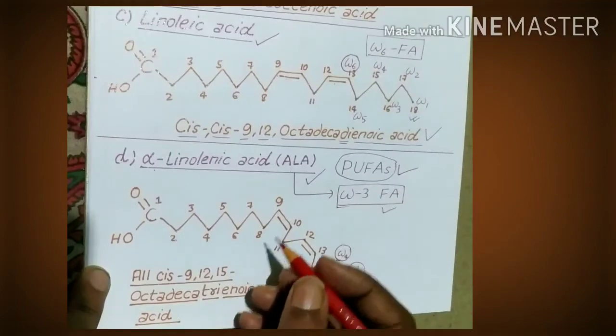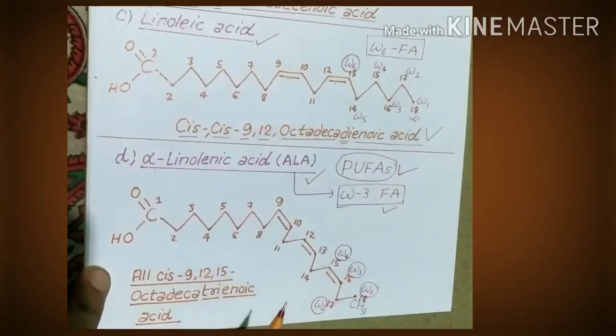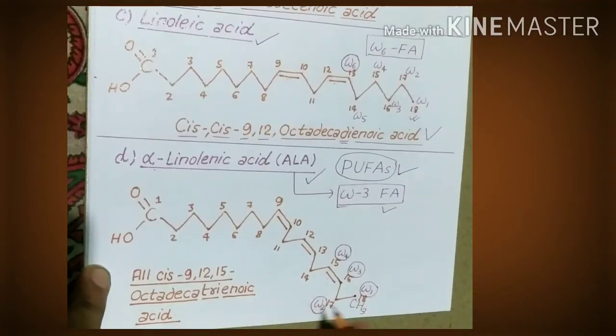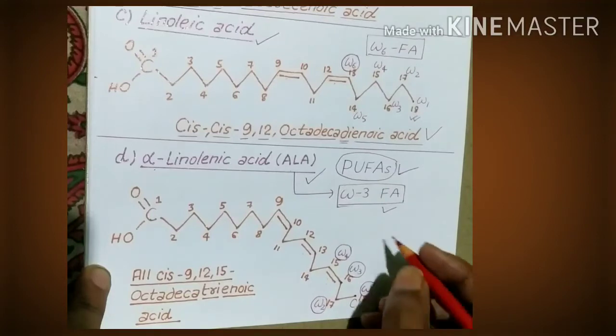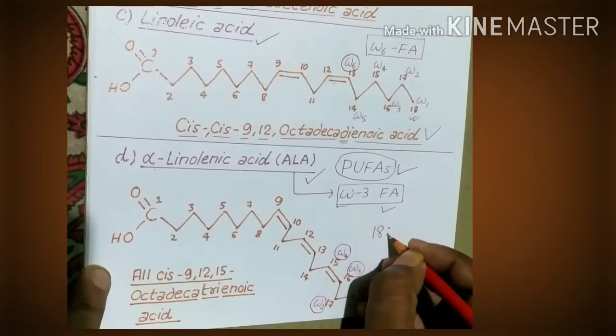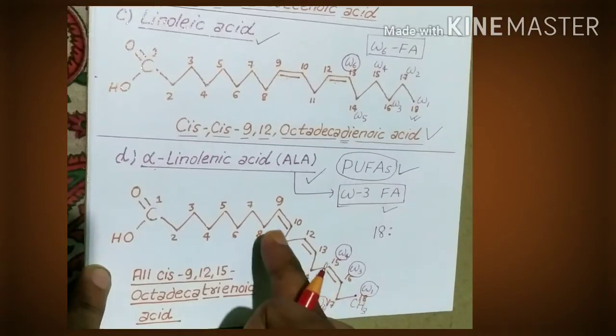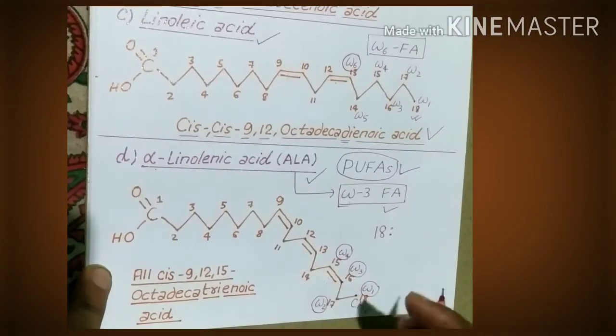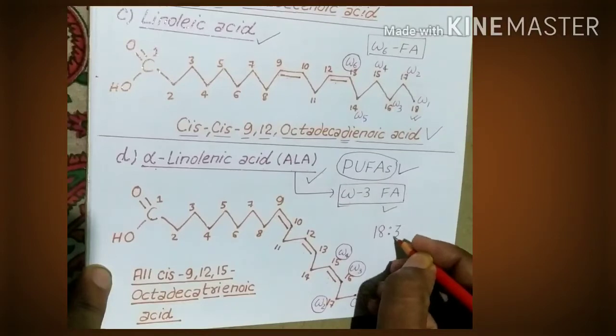One more thing, the shorthand representation of this unsaturated fatty acid. Here you can see 18 carbon atoms, so you will write 18. Then the 3 double bonds are present, so you will write 3.